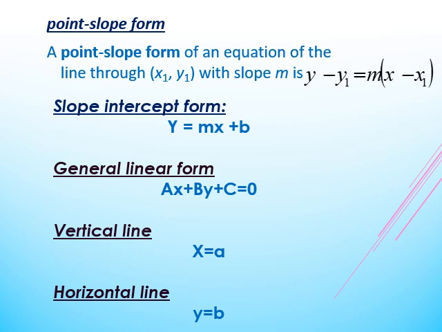The point-slope form of an equation of the line through (x1, y1) with slope m is y minus y1 equals m multiplied by (x minus x1). This means the same rule as the previous slope rule, where we only get y minus y1 on the left-hand side and the other values on the right-hand side.